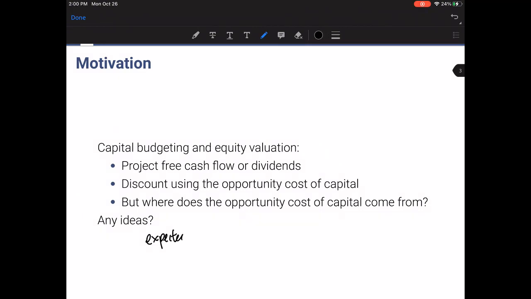So I'm going to write expected return of the securities the firm issues. Of course, in most cases the firm doesn't issue securities that are partially debt and partially equity. In most cases, they issue two types.